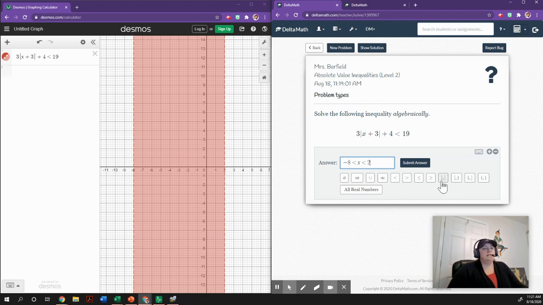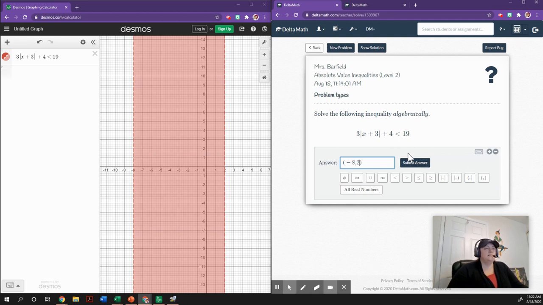All right, and then I think they've got interval notation here because you could use that interchangeably. If you remember, that would have been less than, so that would have been parentheses and parentheses on both sides. I could have done parentheses -8 to 2.